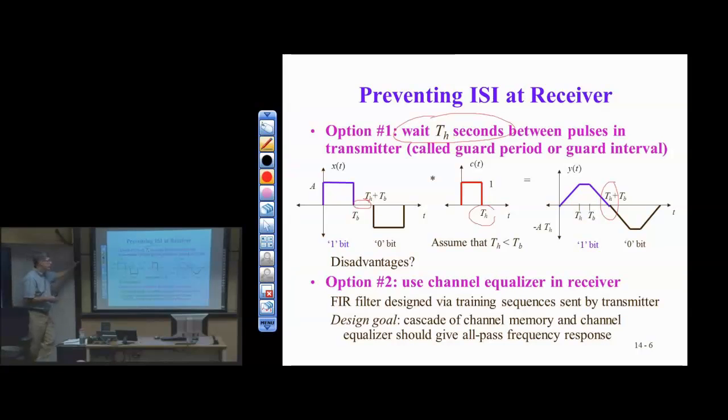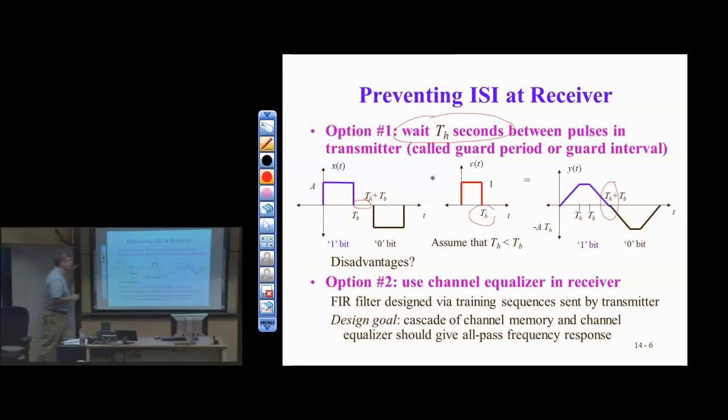Now, some standards don't use an equalizer. But even in certain Wi-Fi standards, there's at least some way to compensate for the channel distortion. Even though it's not a separate FIR filter in the receiver, you still have some ways to do that.